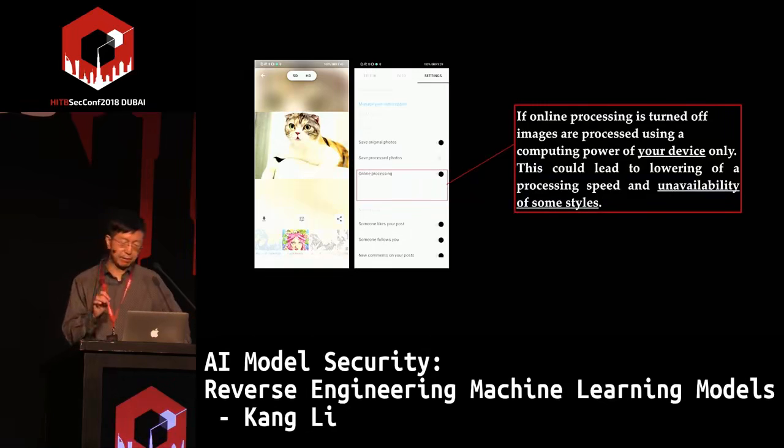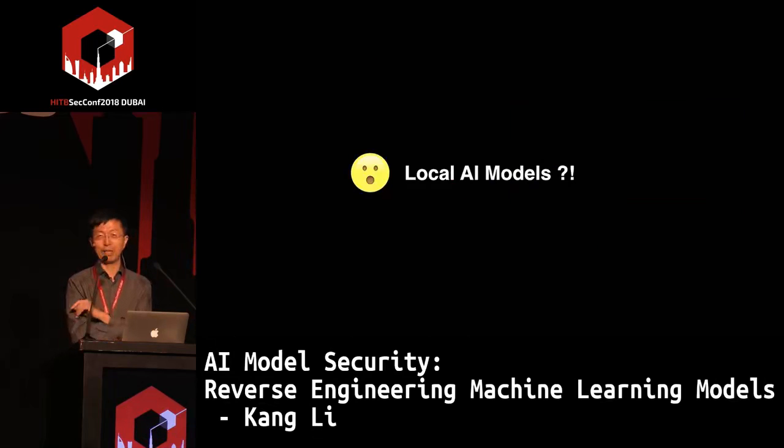It says that if the online processing option is turned off, images are processed using the computing power of your device only. What does that mean? It means that you don't need to talk to a cloud to use the AI service, and that indicates that there are local AI models in the APK or on your device.